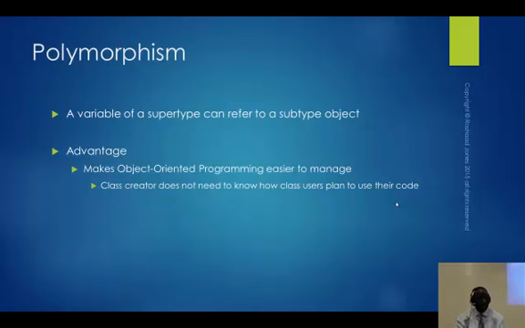A class user can use my code as they see fit, and I am completely oblivious to it, and I can continue doing things that are more pertinent to whatever I have on my plate. So let's go into an example, but let's keep that in mind: this concept of making inheriting easier for not just the class creator, but also for the class users.